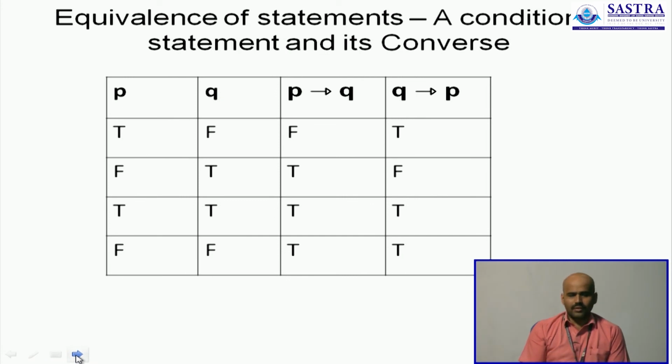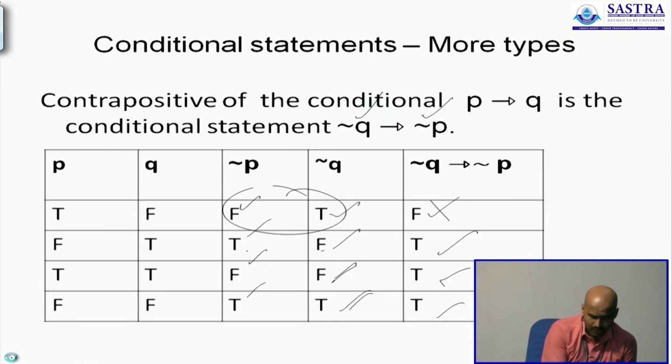Now the next idea is called equivalence. When do you say that two statements or two compound statements are equivalent? To understand that idea, let's compare a conditional with the three other possible definitions on connectives. We saw three of them so far.